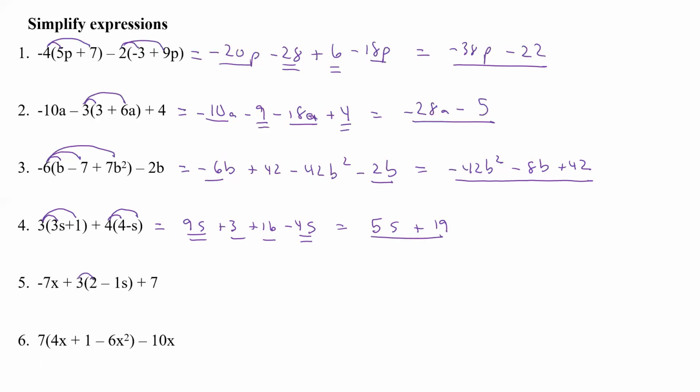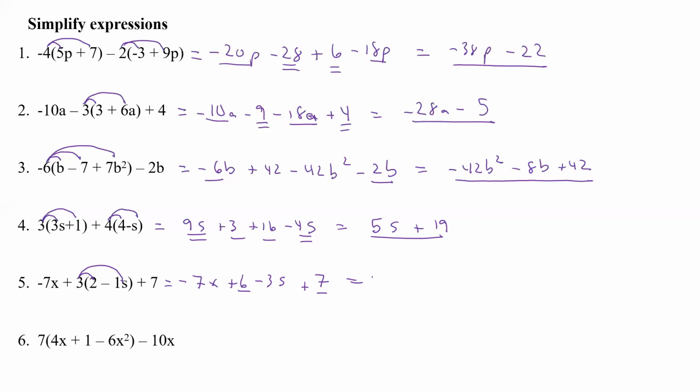Well, again, we're going to have to distribute. And so we have a minus 7x plus 6, and then we have a minus 3s, and then plus 7. All right, going through here, we have an x, a 6, an s, and a 7. So really, there's only one set of like terms.